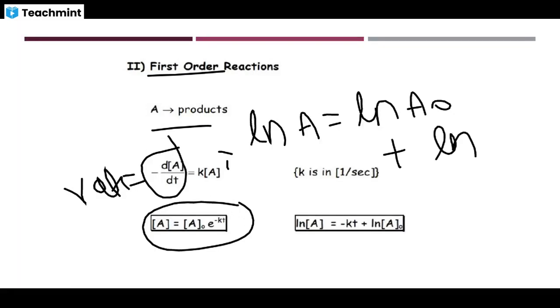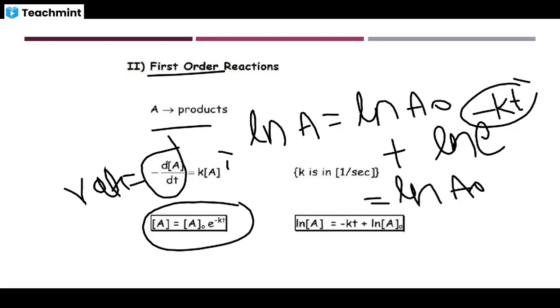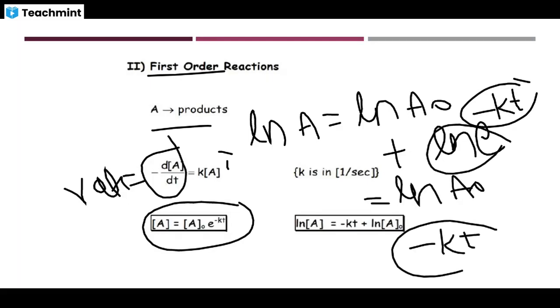So ln of multiplication becomes addition, minus kt. So the ln you can take the power to the front side. So then it becomes ln A naught minus kt. ln e is nothing but 1. So ln A equal to ln A naught minus kt. This is how the equations come.